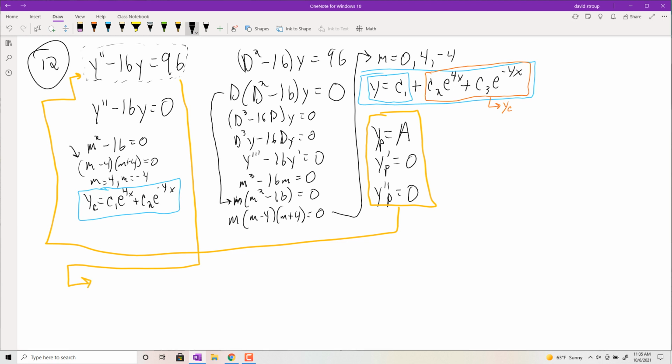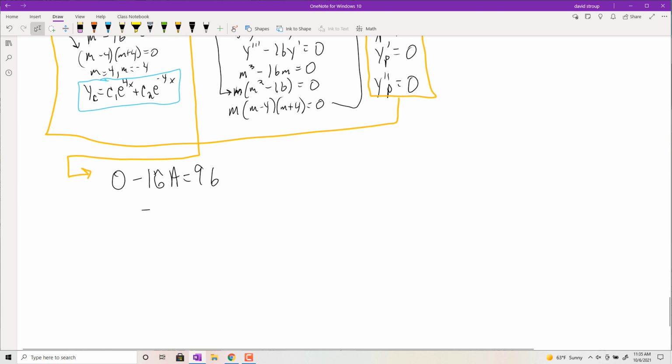So if I plug that information in there, I'll have 0 minus 16 times a equals 96. And then I could solve for a. So I'd have negative 16a equals 96. Divide both sides by negative 16.